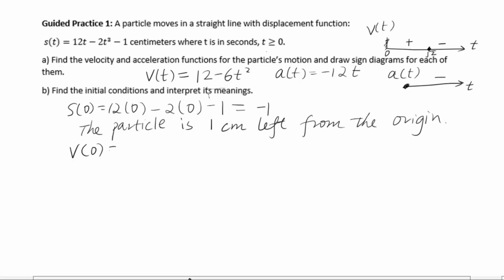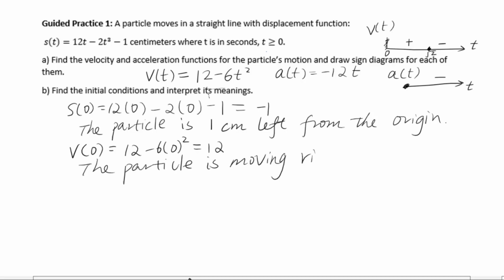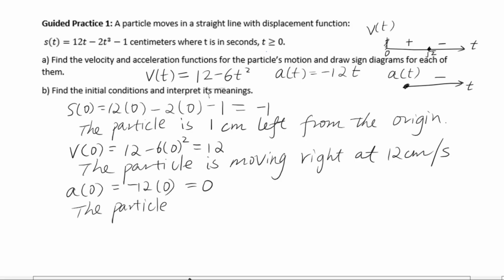V of 0 equals 12 minus 6 times 0 squared, which equals 12. The particle is moving right at 12 centimeters per second. A of 0 equals negative 12 times 0 equals 0, which means the particle has a maximum velocity.